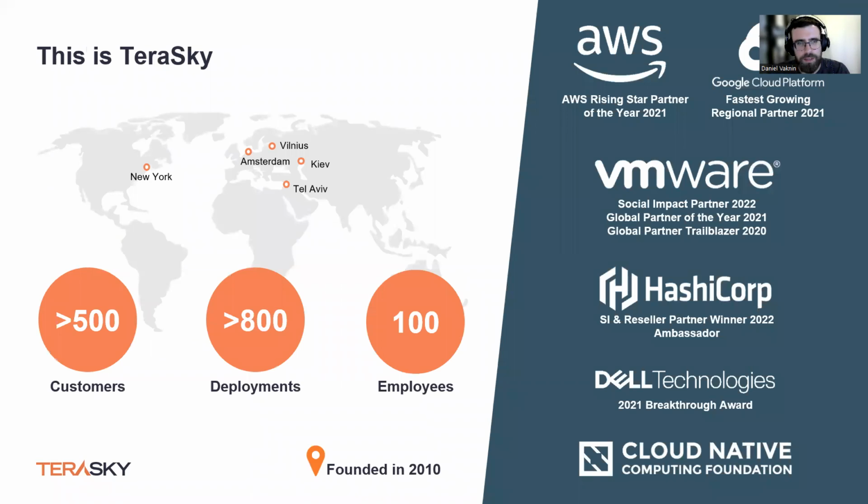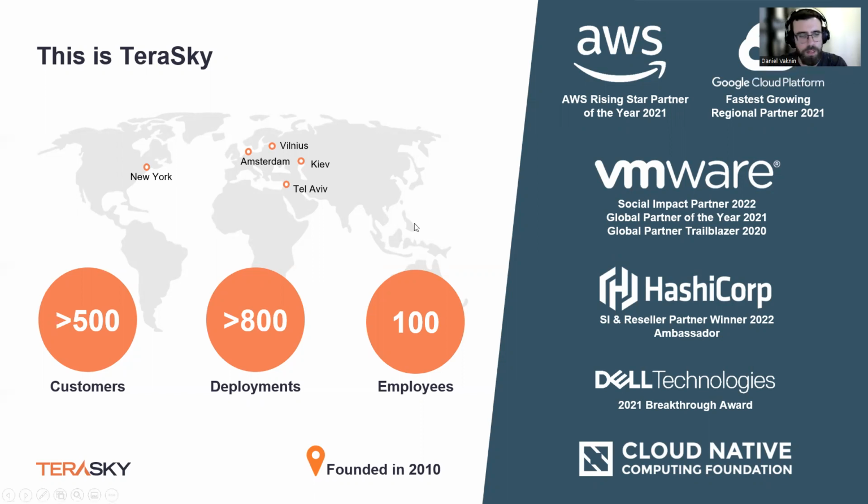Enough about me, let's talk a little bit about TerraSky before we jump to the rest. We have multiple branches around the globe: a branch in New York, Amsterdam, Vilnius, Kiev, and the main one in Tel Aviv. Okay, never mind.